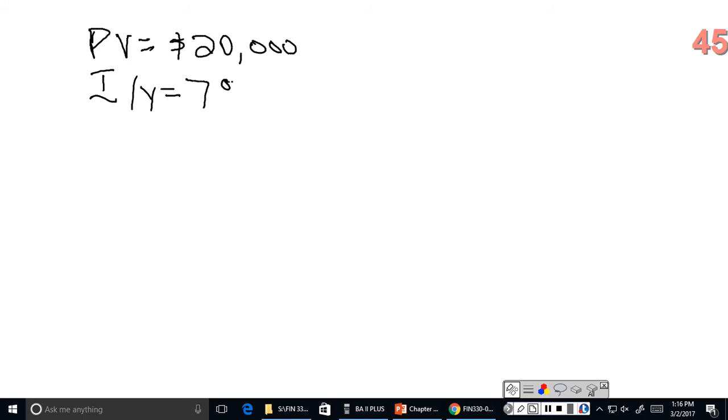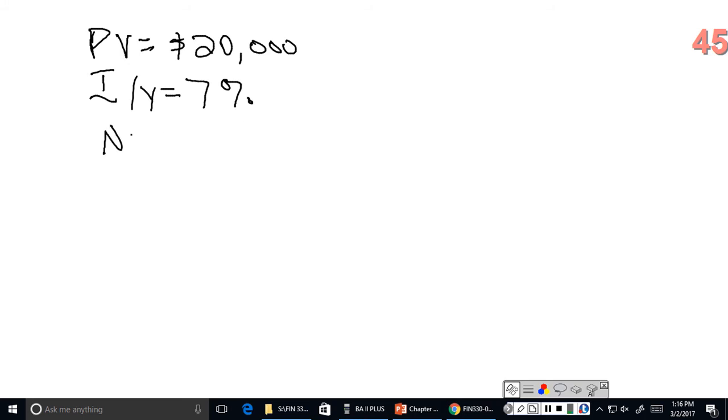So in this case, we want to enter this information. Here we go. The present value, the amount that we're borrowing, is $20,000. The interest rate was 7%.